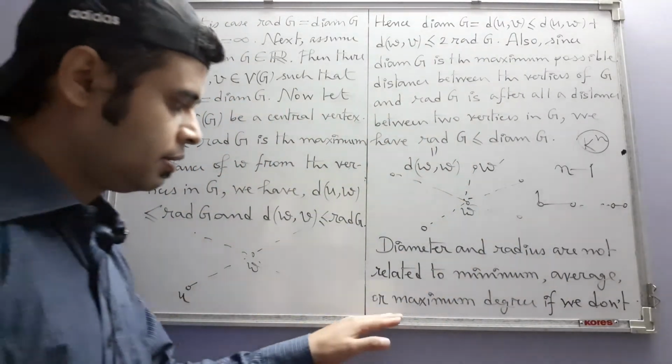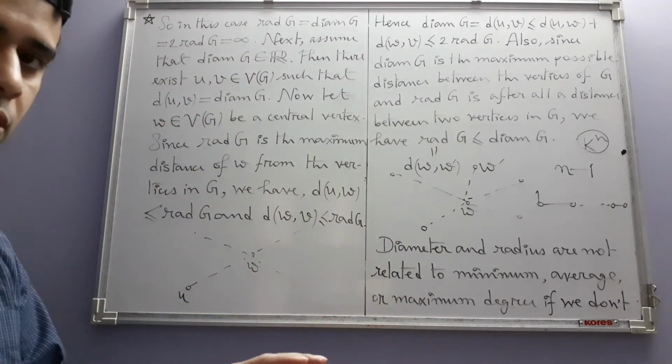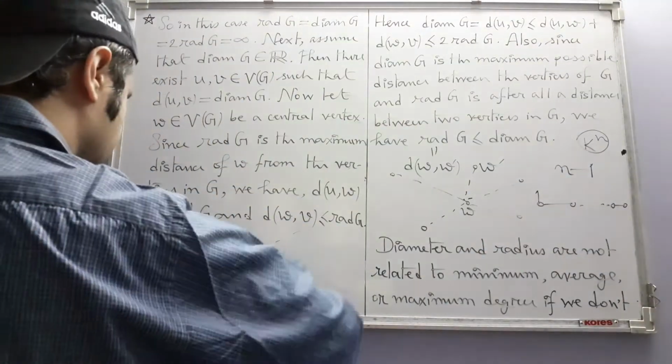But if we say something about the order of the graph, if we restrict the order in some way, then they become related. We are going to see that thing.